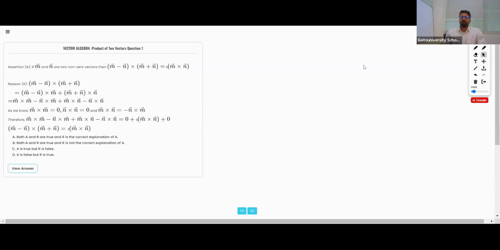That means remember, A cross B is equal to minus B cross A. So that is the reason we can say these two are equal. As they are equal, we end up with minus, and we have m cross n and n cross m, and we added them, because here the angle is in the opposite direction.